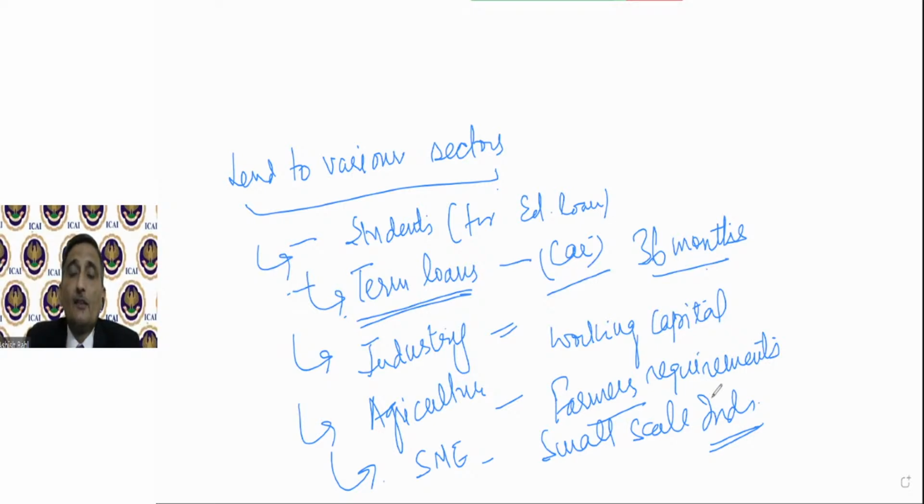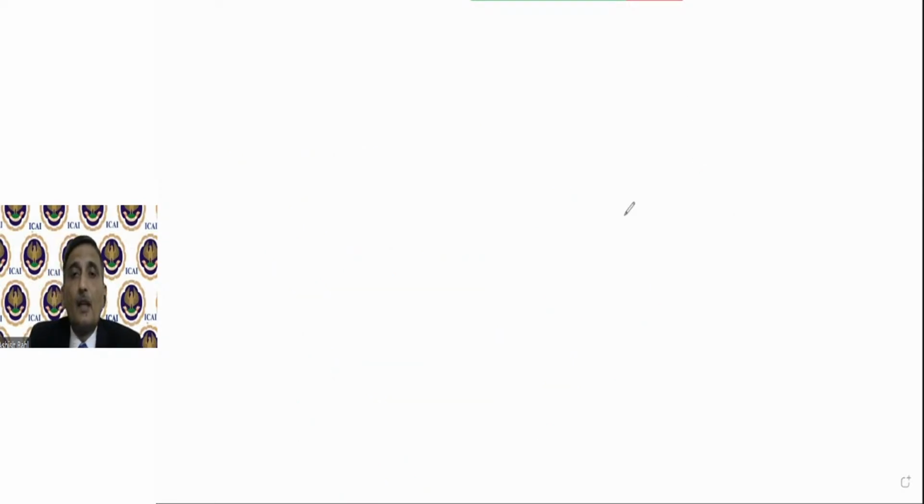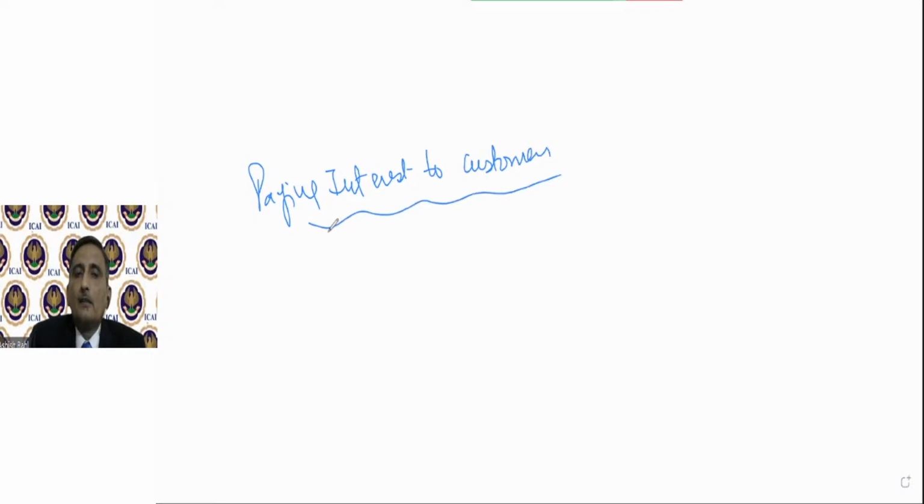So is that clear? So how does a bank earn profit, guys, then? Students, you have to understand that the bank would be paying interest to its customers at a lower rate. Say the average rate at which banks pay to customers might come to 5.5%, for example.